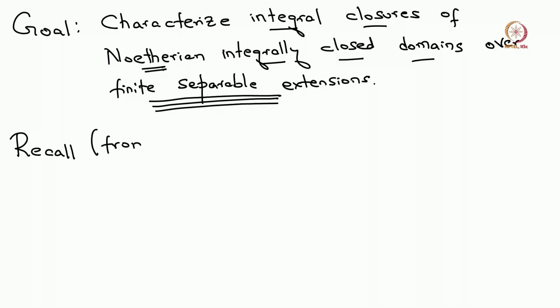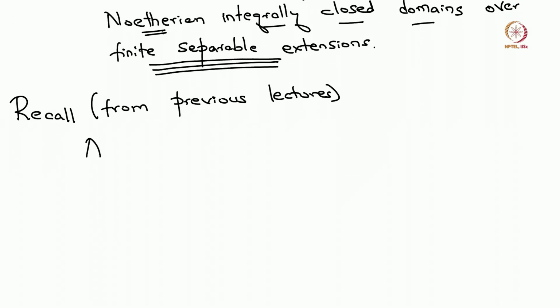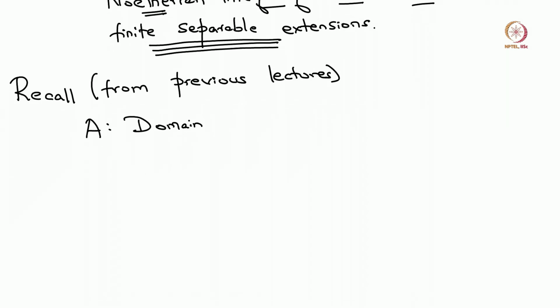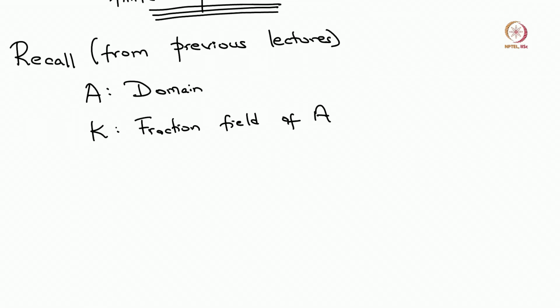So recall from the previous lecture, what was the setup? We had a domain which we called A, and then we took its field of fractions, so we call the fraction field K, and we had this notation O_A, but the notation O_A had an ambient field L, so it depended on this ambient field.